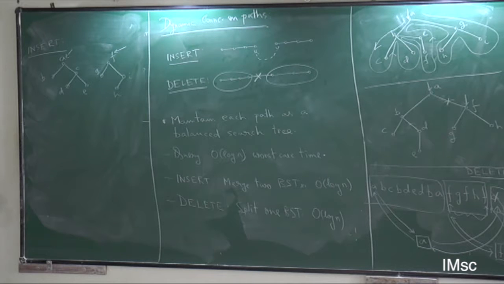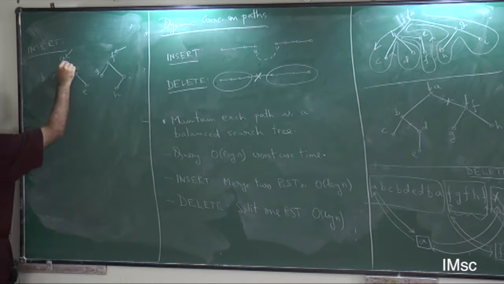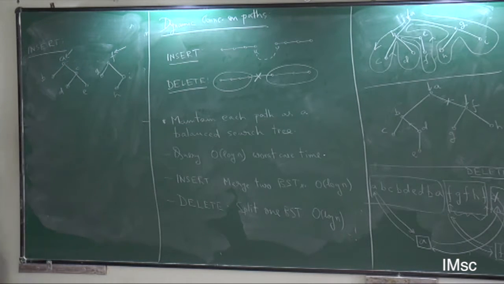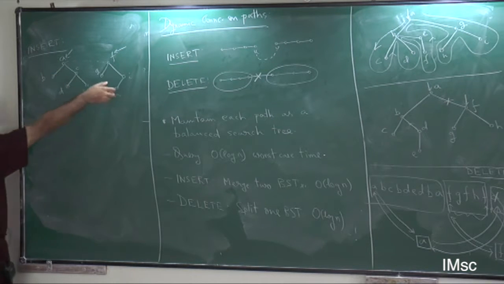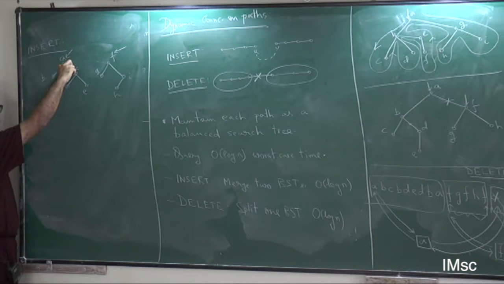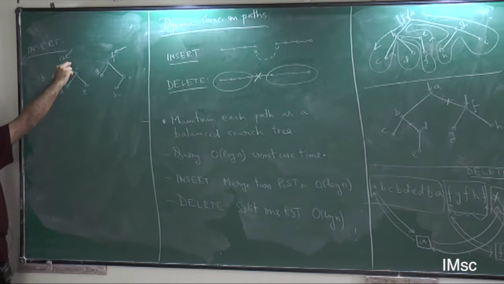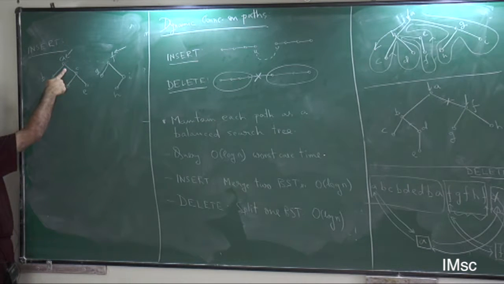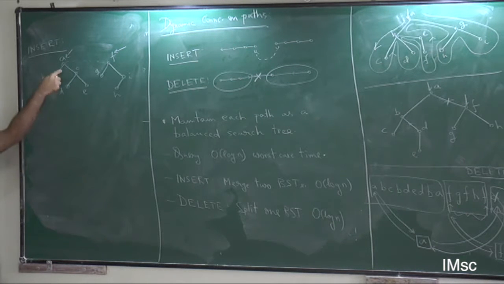Now, if I ask you to insert this edge A, B, then it is relatively easier, right, because what will you do? You will just append this list at the end of this one, and you just have to adjust for the last occurrence of A. That is just one minor technicality. So, basically just look at this list.